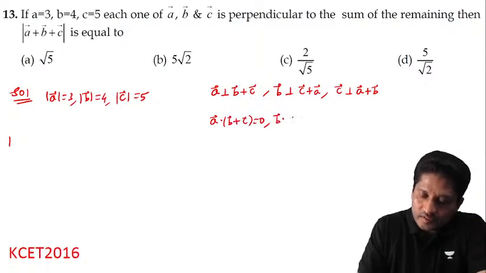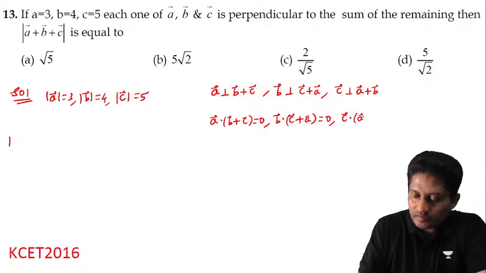Then B dot (C plus A) is 0, and C dot (A plus B) is 0.